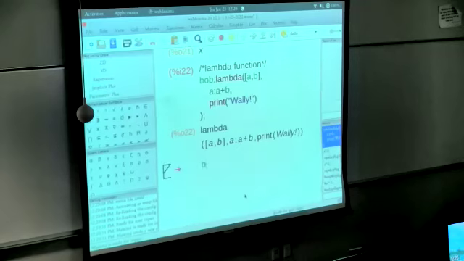To access the function that you just defined, we have to pass values for A and B. Give me two values. 2, 4. A is 2, B is 4.